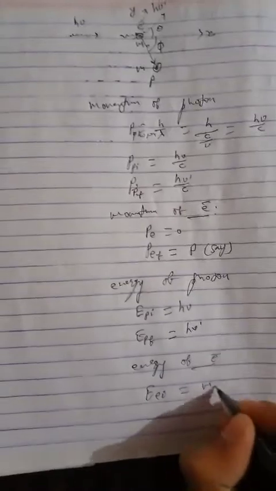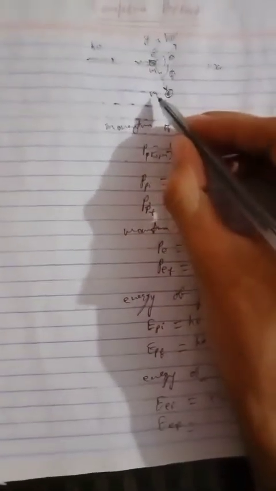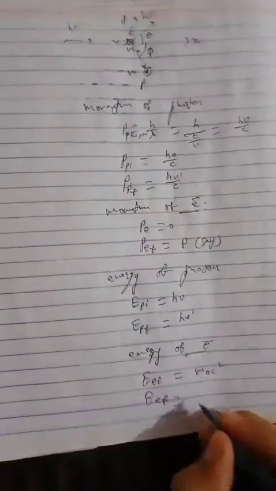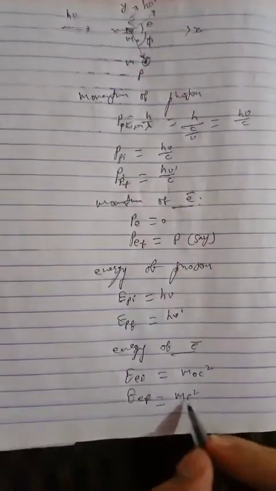So E_ei, the initial energy of the electron, is m naught c square. And what is the final energy of the electron? Look at here, now its mass is m, which is the relativistic mass, so it will be m c square. All right, so that's it.